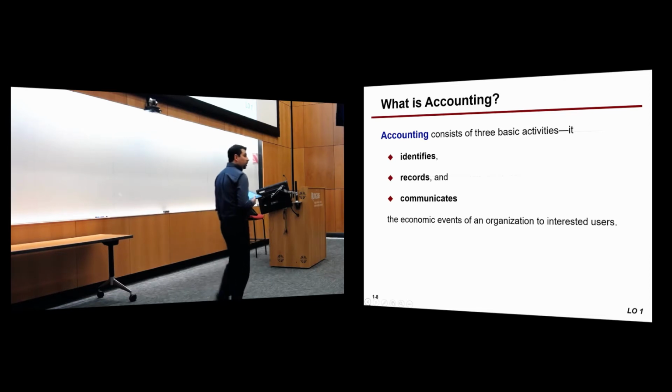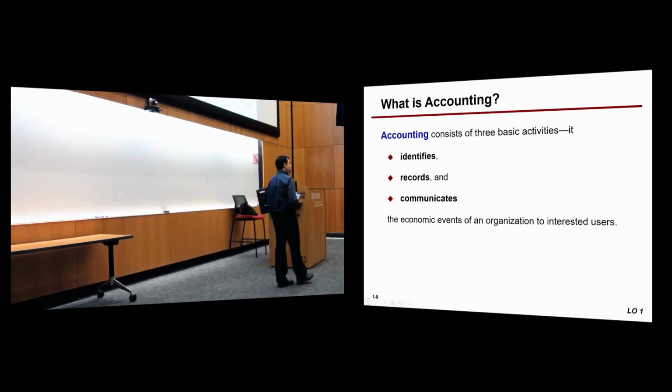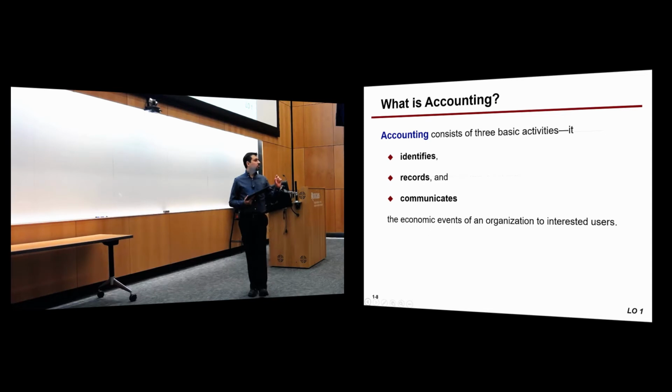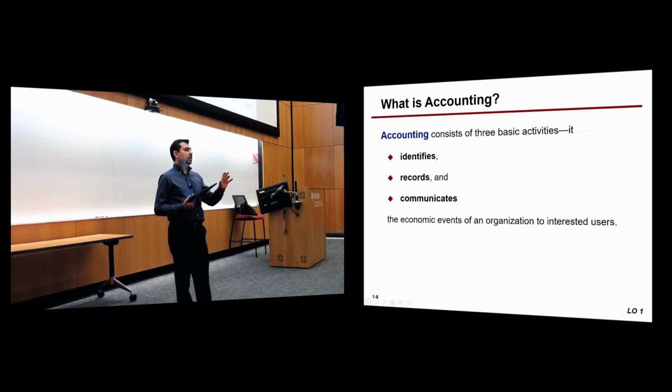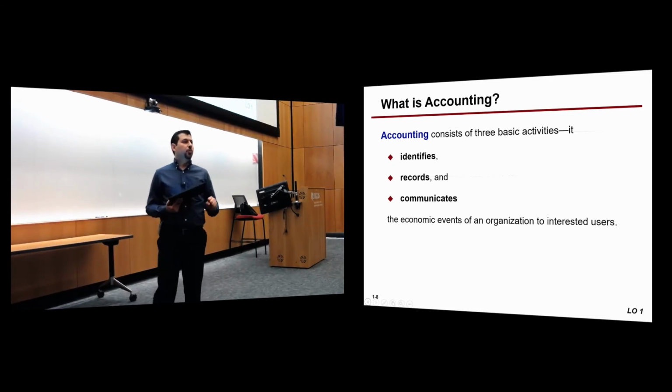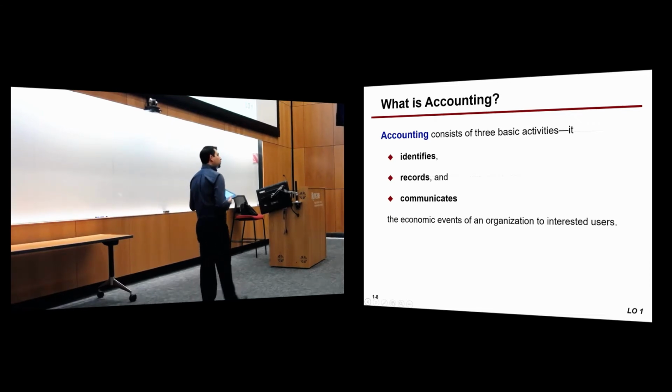The sale of a product, renting a house, paying your employees, something like that. So it identifies that event, and then it's not enough to just identify it. The accounting system found that this was an event. Next, we need to record it in a standardized way.